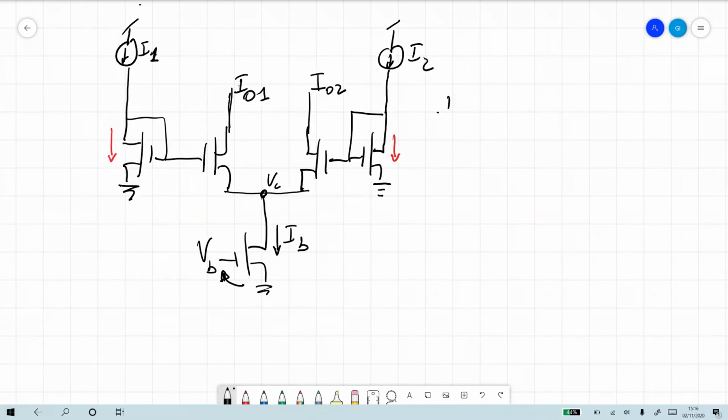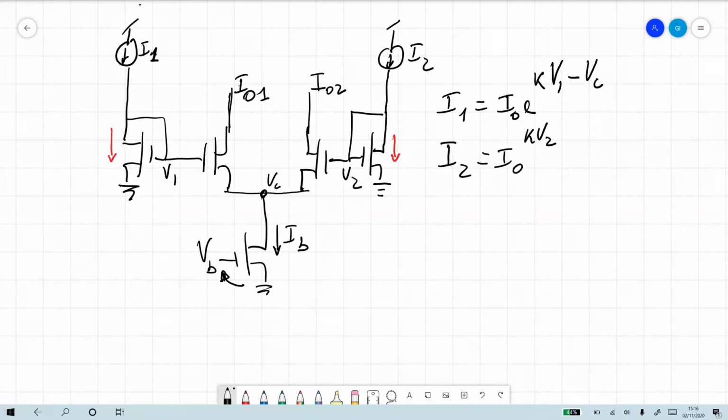So I1 is equal to I0 e to the kappa V1 minus VC. Remember, I always forget to divide by UT. I2 is the same: I2 is I0 e to the kappa V2 minus VC. Sorry, I forgot the minus VC.